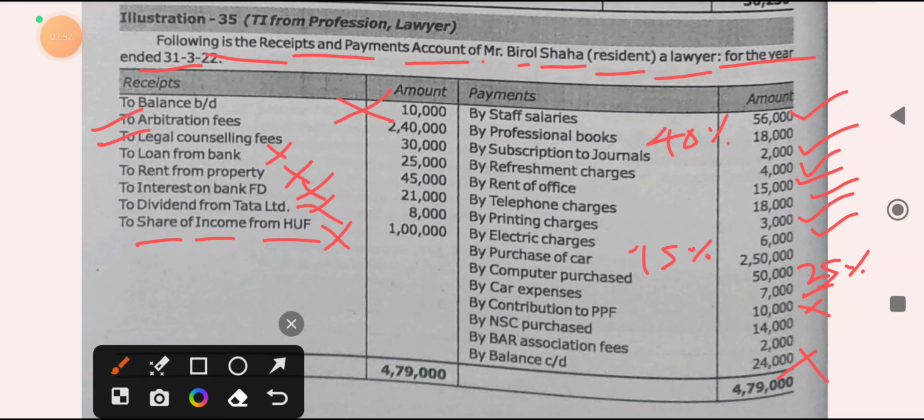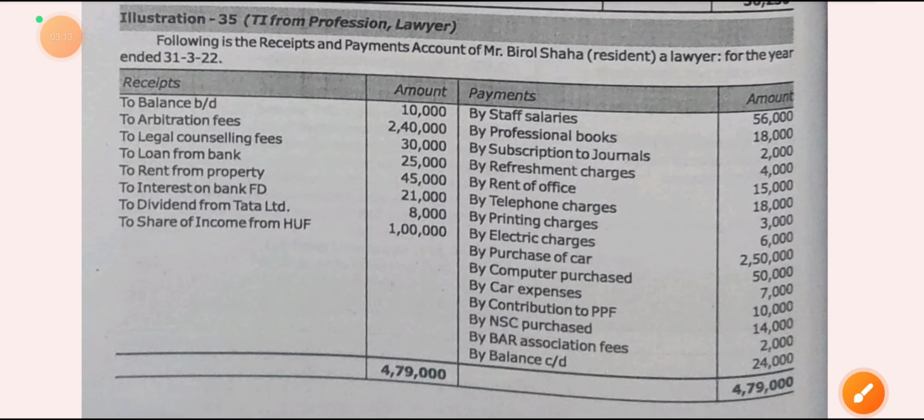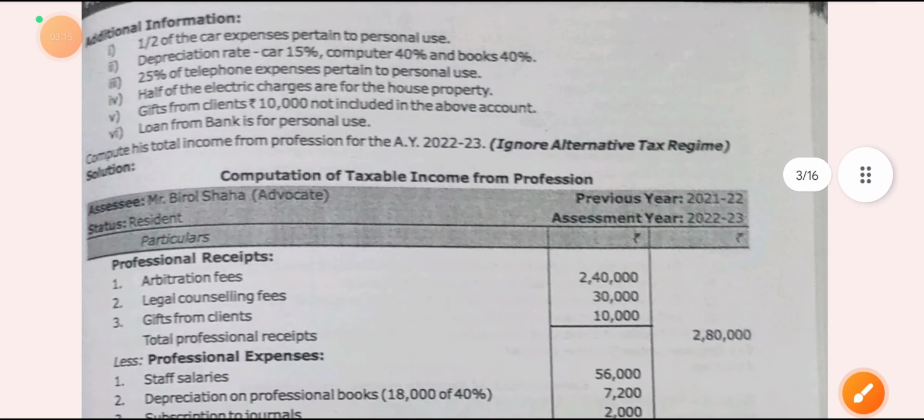NSC purchased, these are also exempted securities, will not come and should not be taken. It is a capital expenditure. Bar association fees, it is an expenditure, you can take. Membership fees. These are the things you need to consider while doing the professional expenses related payments.